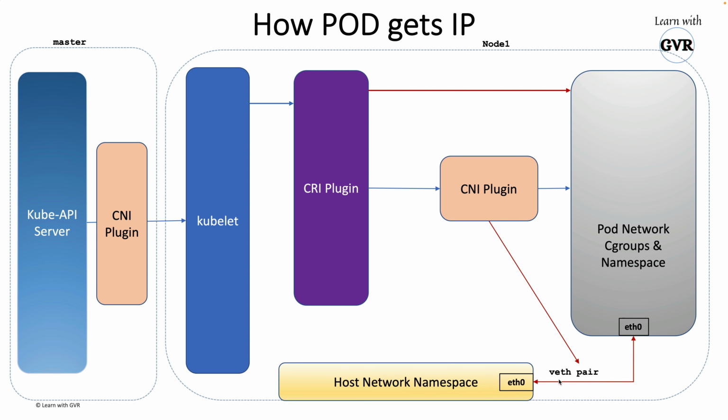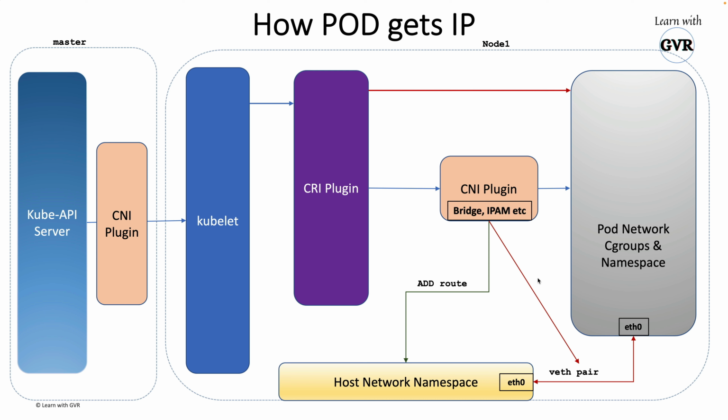It will create this veth pair, a virtual ethernet pair, attaching one end to the pod network namespace and the other end to the host network namespace. Then it will also add a route to the host network namespace, so that the host knows a route is established, because I am creating one pod. If you create 100 pods, 100 specific namespaces will be created, and the host will be aware of them. That's how it works.